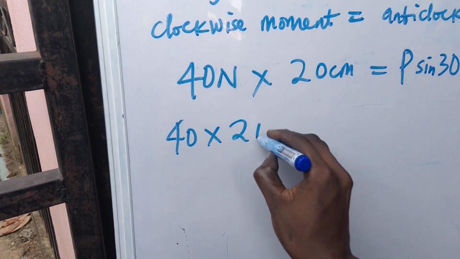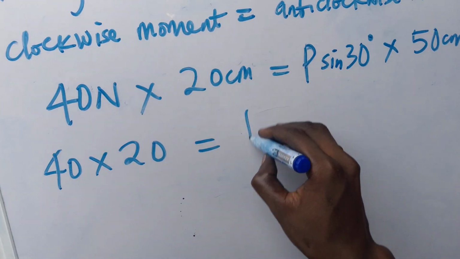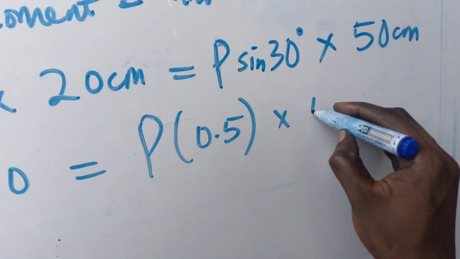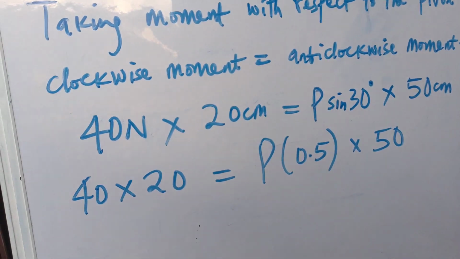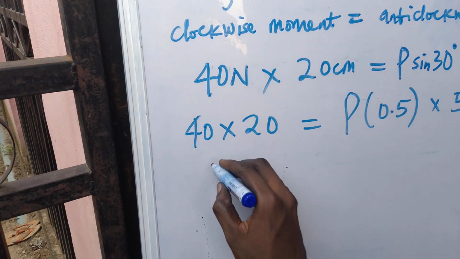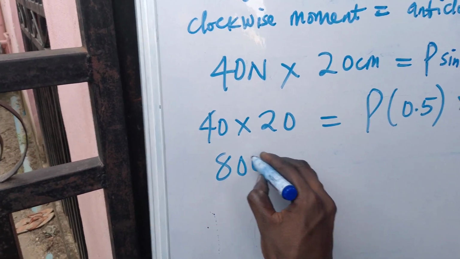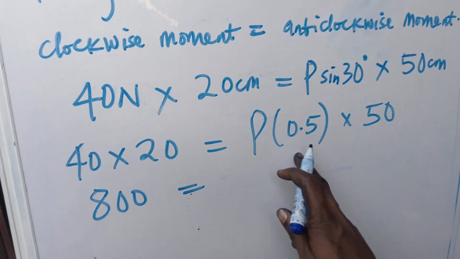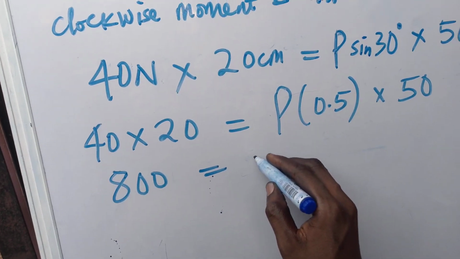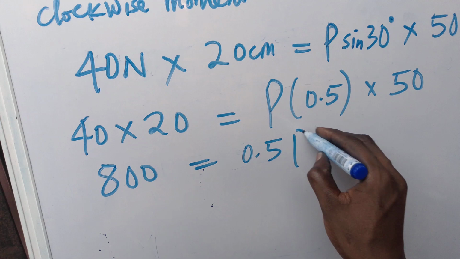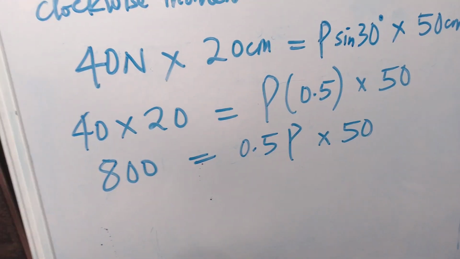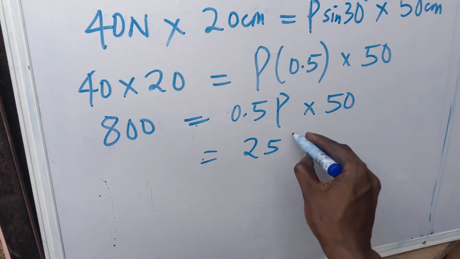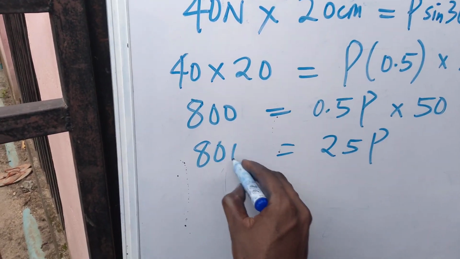This now will be 40 times 20 equals P sine 30, which is 0.5, times 50. So 40 times 20 will give me 800, and P times 0.5 will be 0.5P times 50. 0.5 times 50 gives me 25, so 25P equals 800.